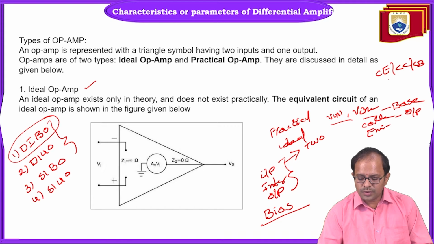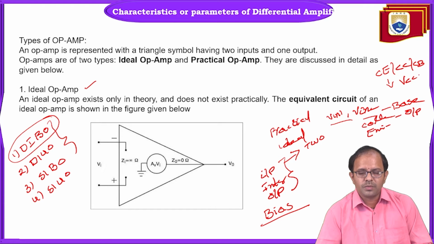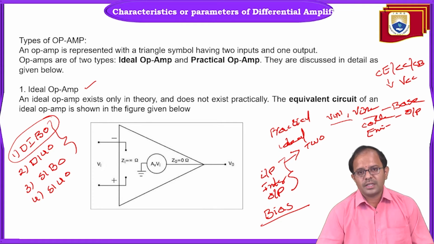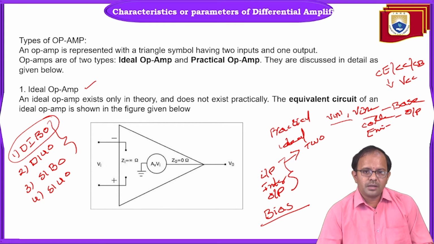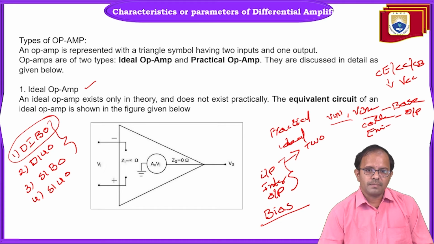So there we use only one biasing, that is plus VCC. It may be 5 volts, 10 volts, 12 volts, or 15 volts, according to the gain you need, according to the design of the given amplifier. We set the appropriate voltage for biasing.